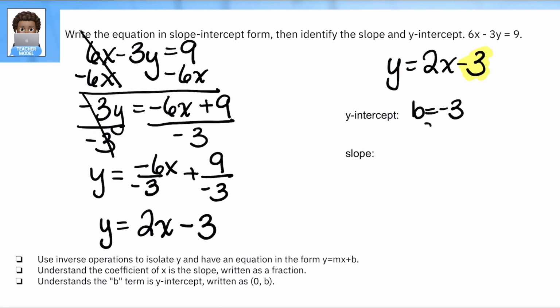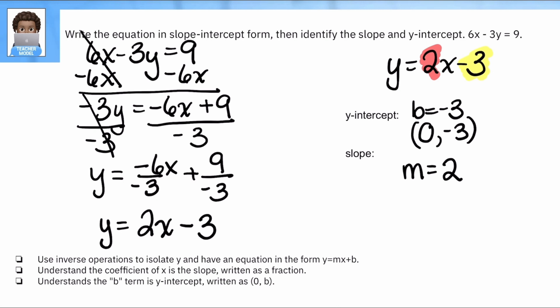So my intercept is 0, -3. You have to put the coordinates down. And our slope is our coefficient right over here. So m is equal to 2. If they ask for it in fraction form, you could have 2/1, but 2 is fine.